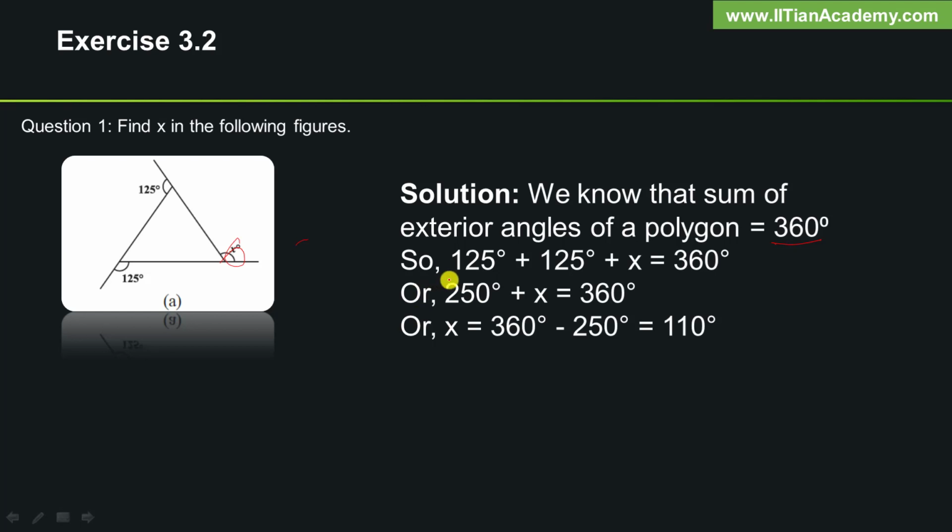Hence, 125 degrees plus 125 degrees plus x equals 360 degrees, or 250 degrees plus x equals 360 degrees, or x equals 360 degrees minus 250 degrees equals 110 degrees.